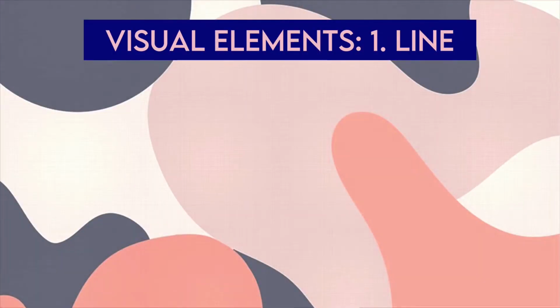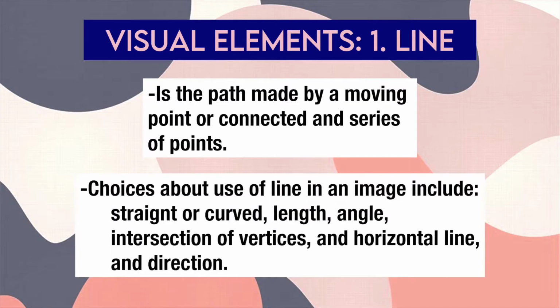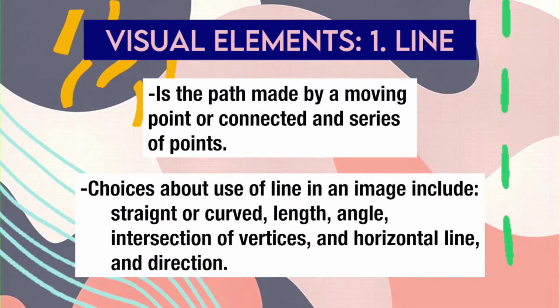Number 1. Line. It is the path made by a moving point or connected series of points. Choices about use of line in an image include straight or curved, length, angle, intersection of vertical and horizontal lines, and direction.